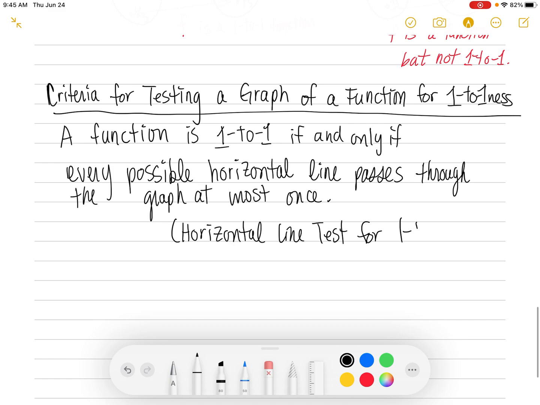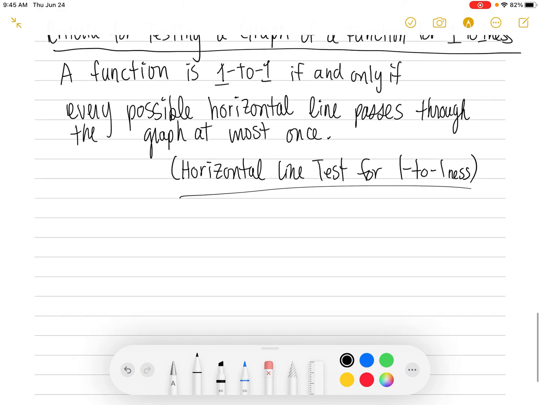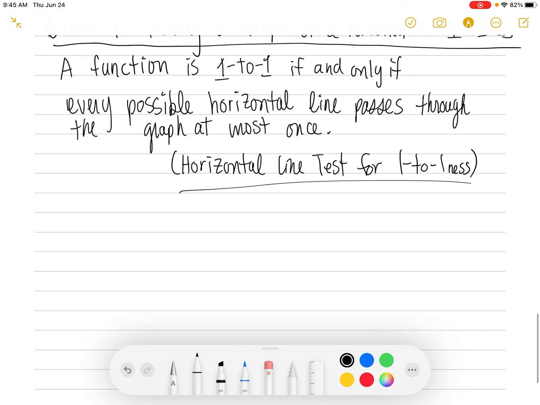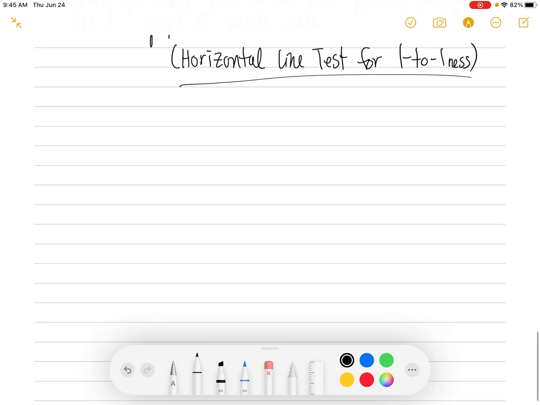This is sometimes called the horizontal line test for one-to-oneness.